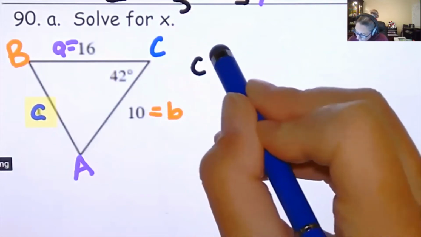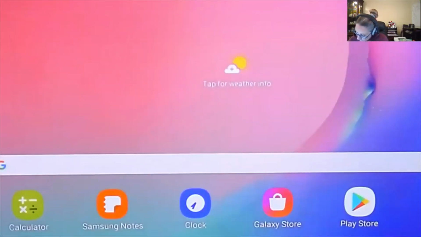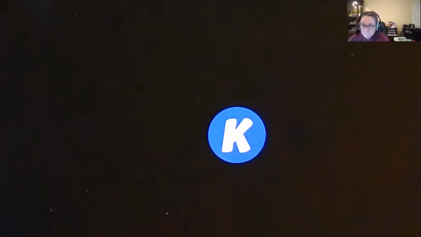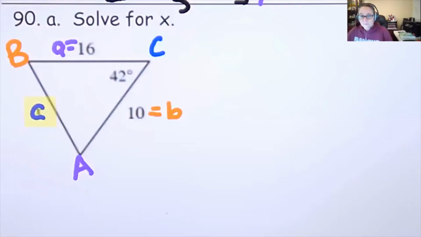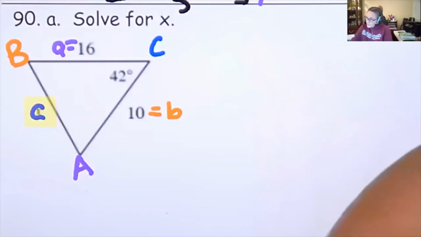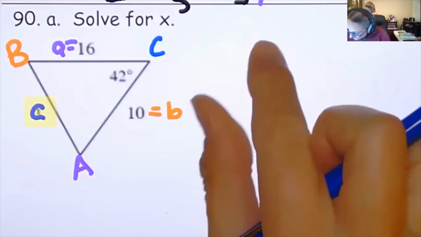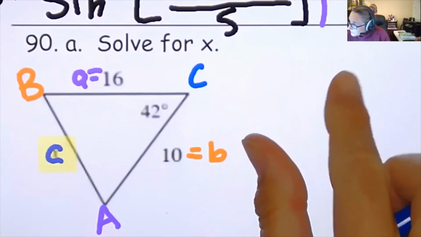C squared is equal to, okay, so let me zoom in here.